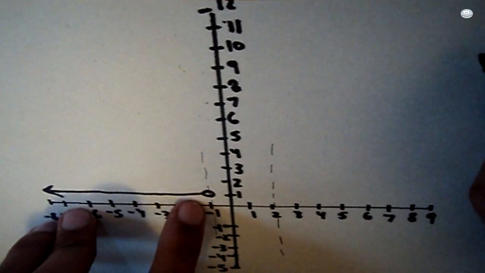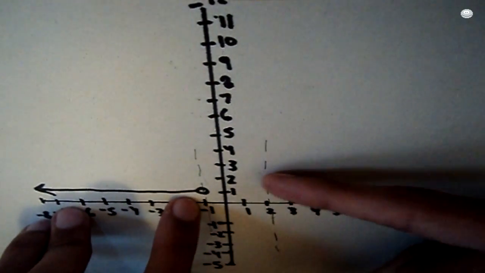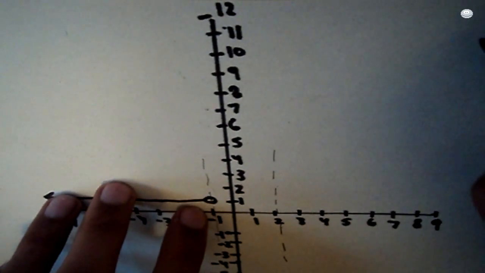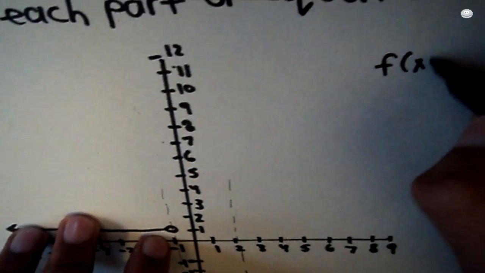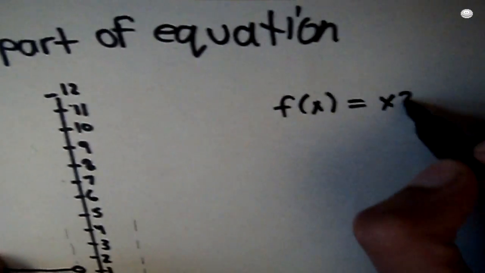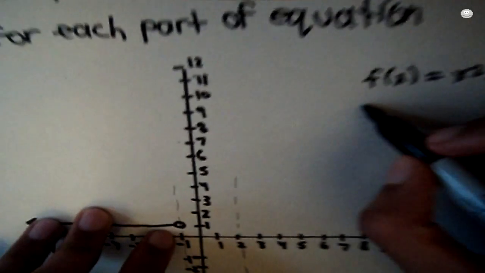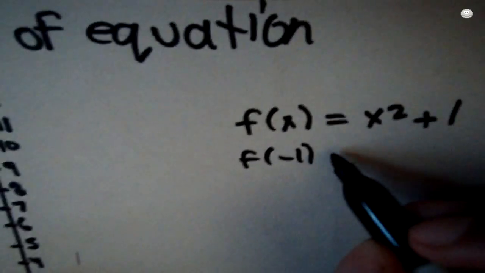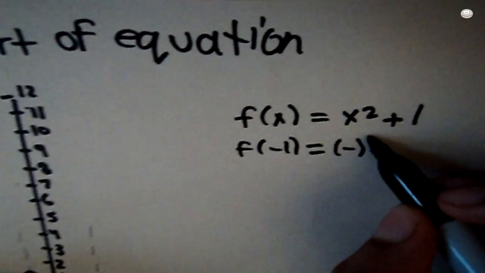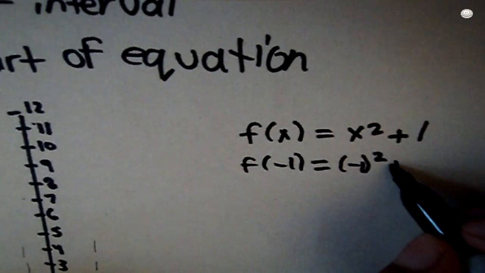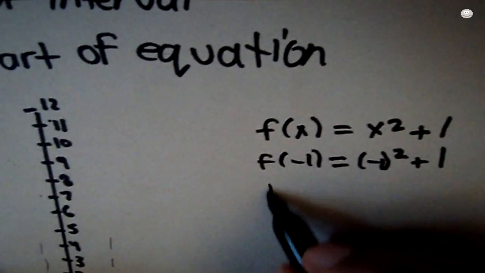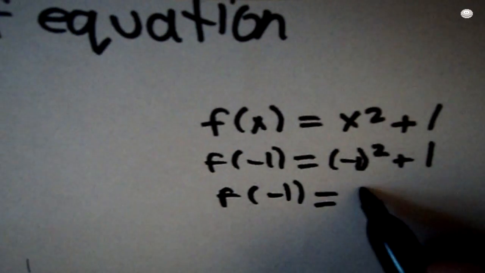So now we must calculate the key points to graph this part of the function. What we have is f of x is equal to x squared plus 1. And we know that at -1, that's where the function begins. So we find f of -1 by plugging -1 into the function, and we get f of -1 is equal to 2.